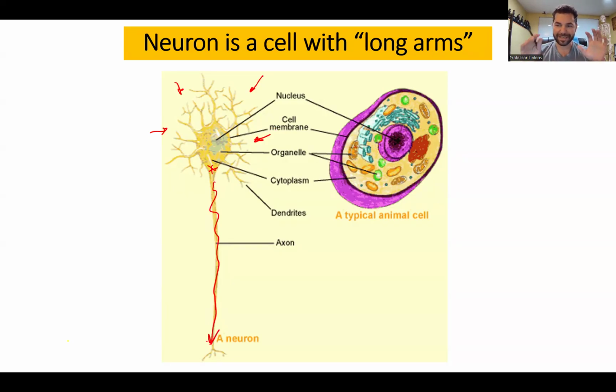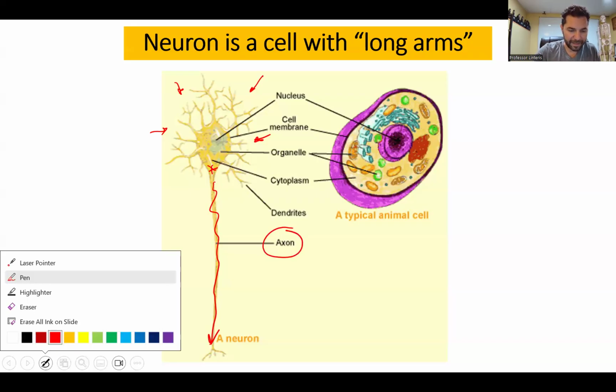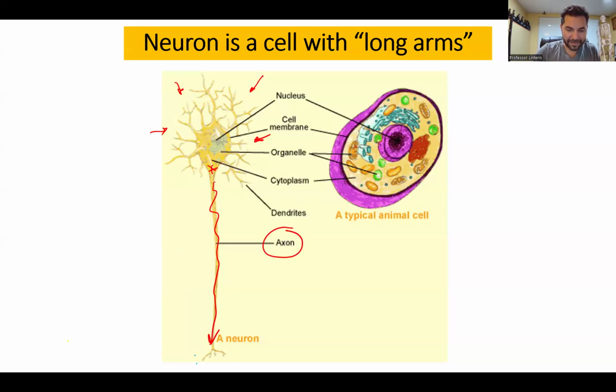When this message is sent, the electrical message travels through the axon and it will come to the end. And at the end, we will release chemicals. So the majority of this is electrical, and then at the end, we'll release chemicals called neurotransmitters.